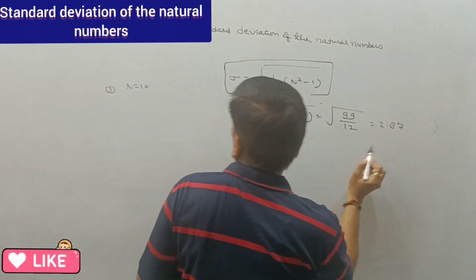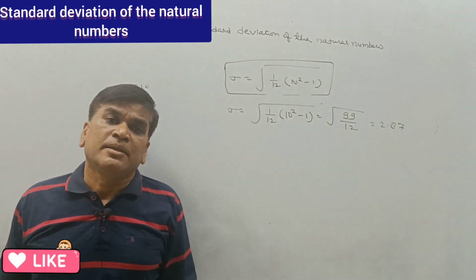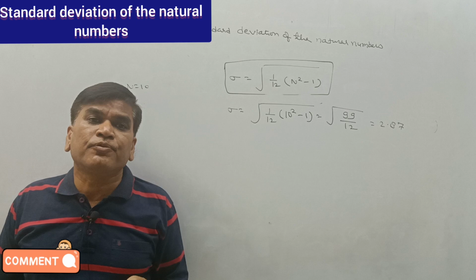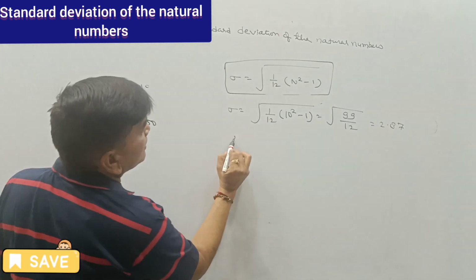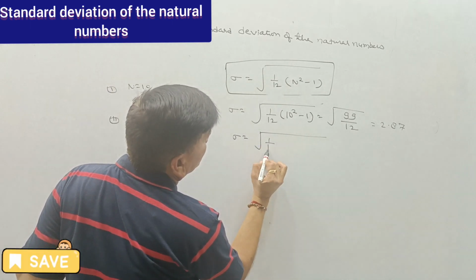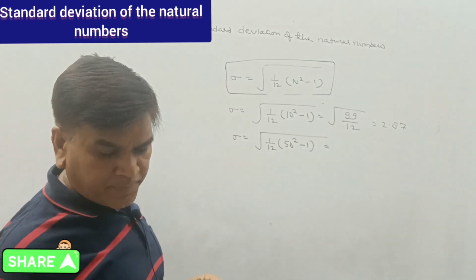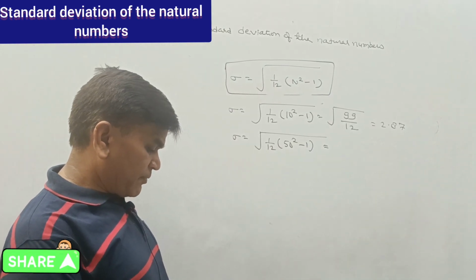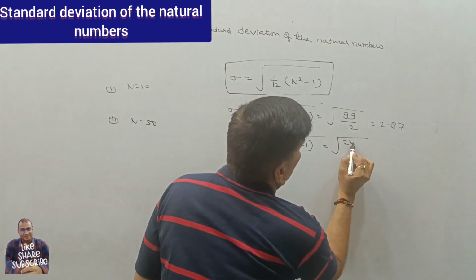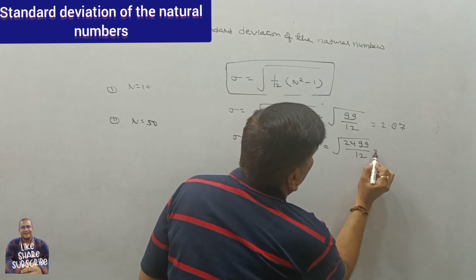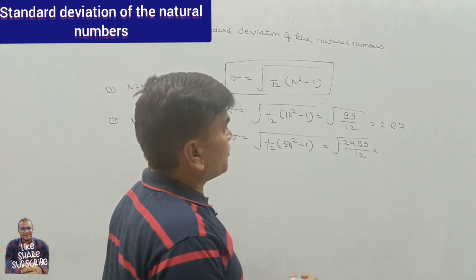If the question is to calculate the standard deviation of the first 50 natural numbers, n is 50, so it is under root 1 by 12 into 50 squared minus 1, that is 2499 divided by 12, which gives 14.43.